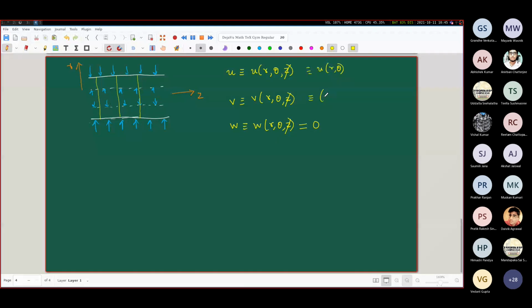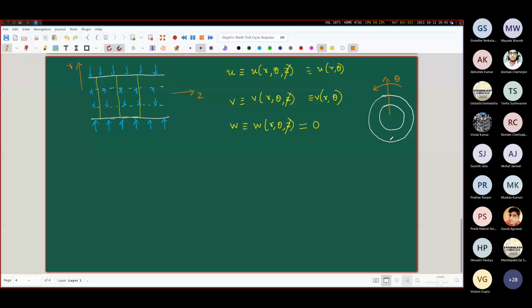Well, that means that if you consider any particular cross section, that cross section will look like this. Remember that this is like an annular cylinder. This is the r direction. This is the theta direction.